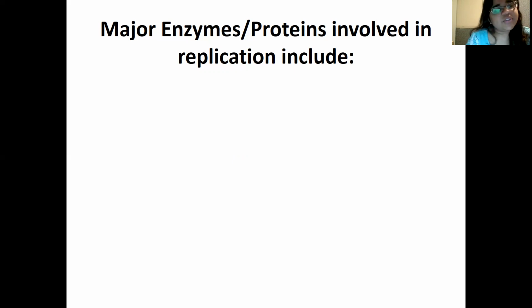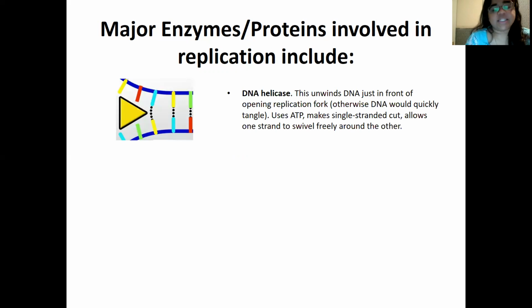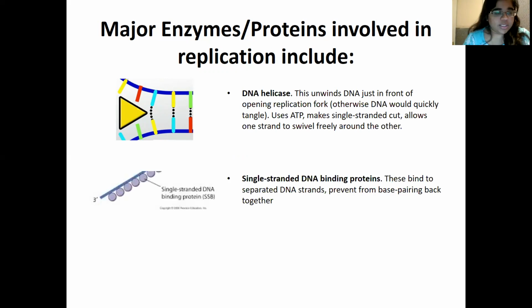So the first one would be helicase. Helicase is the one that unwinds and unzips and is like, hey, open up, we need to replicate stuff now. And these strands, they love pairing back with each other.